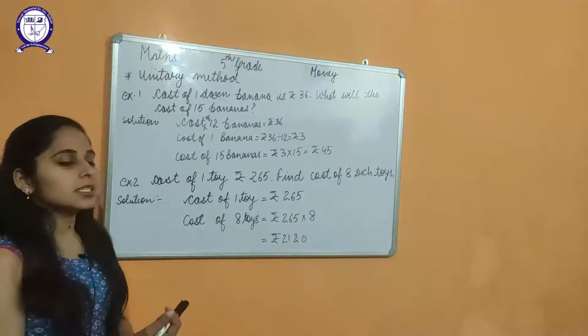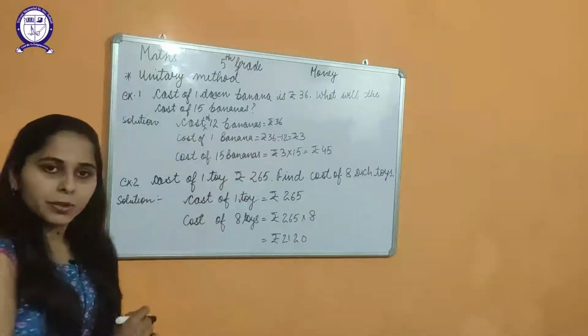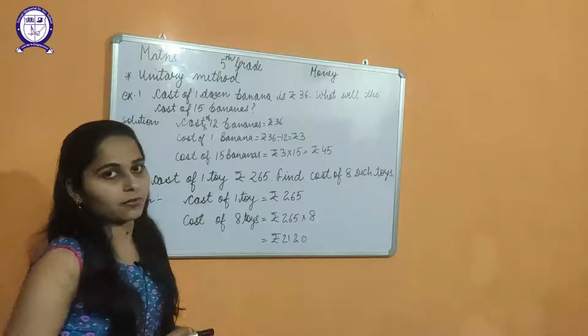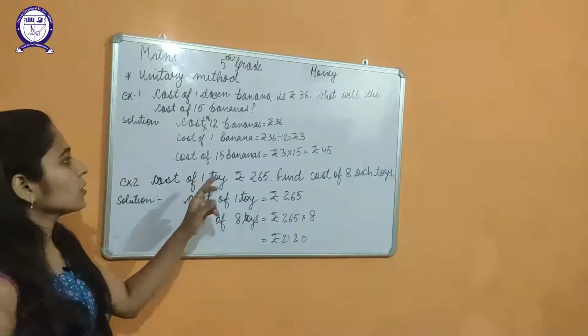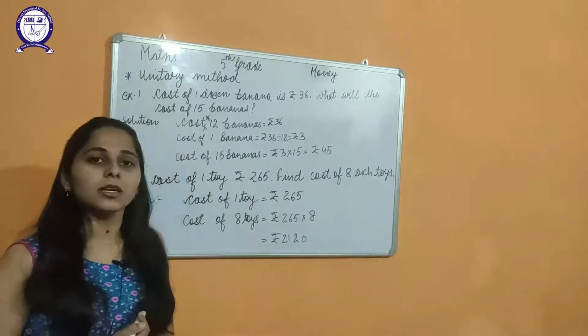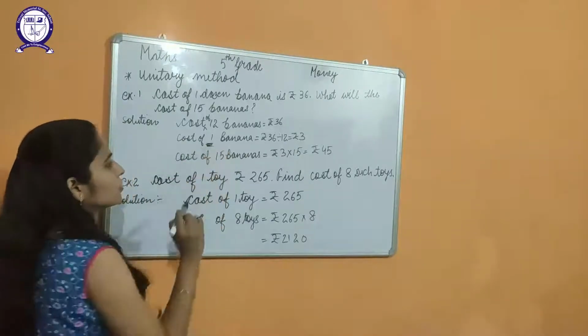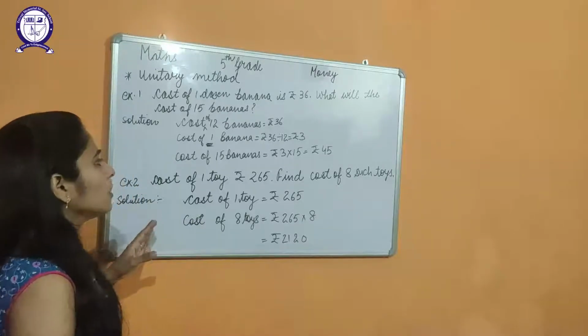Now 1 dozen means 12 in number, so the cost of 12 bananas is rupees 36. So you will first find out the cost of one banana by dividing this cost by the number. Now 36 divided by 12 is rupees 3. This method of finding the cost of one thing is called the unitary method.